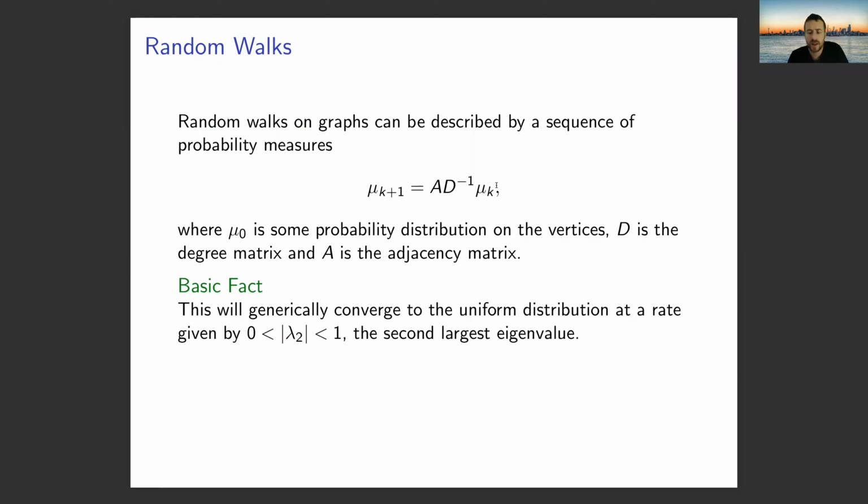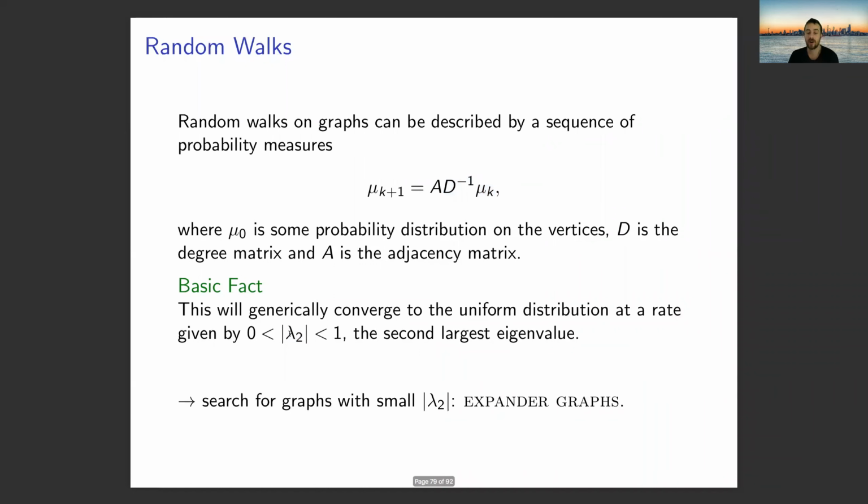This thing has one eigenvalue 1, which corresponds to the stationary distribution, and all other eigenvalues are less than 1. So if you keep doing this, it's like a power method. You converge to the largest eigenvector, which is the stationary distribution, and the rate at which you converge depends on the second largest eigenvalue.